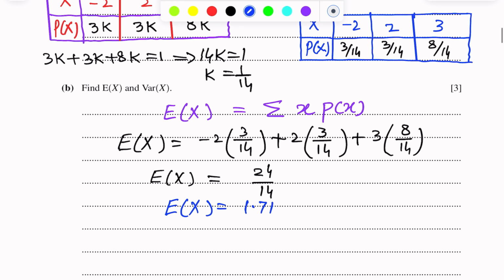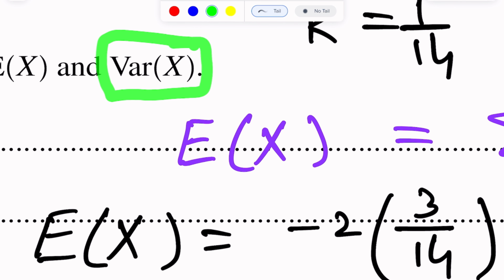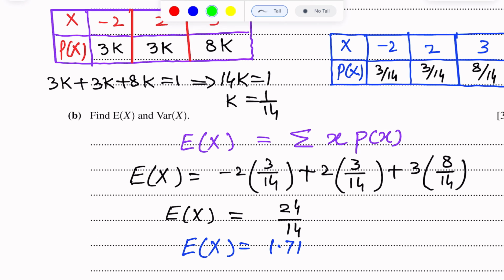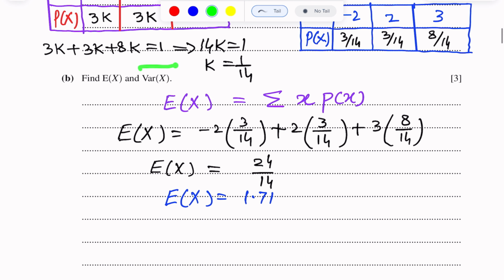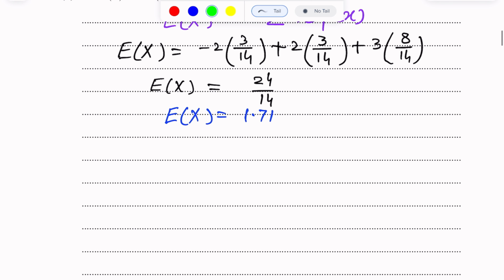Now next we have to find also the variance of x. Variance of x means spreadness of the variable. The variance is the square of standard deviation. So variance is also the spreadness of the values of x.